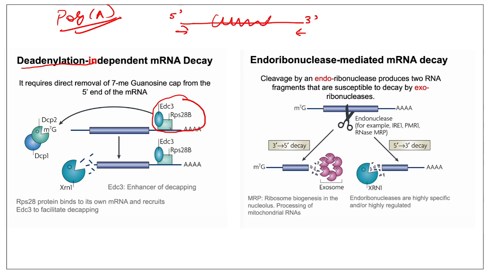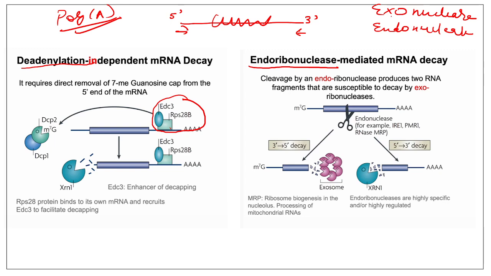For somewhere in between to be chopped off, we need some kind of ribonuclease which can act in the interior, on the inside. And those ribonucleases are known as endoribonucleases. You must have studied about two kinds of nucleases. The first one are the exonucleases. The second one are the endonucleases.